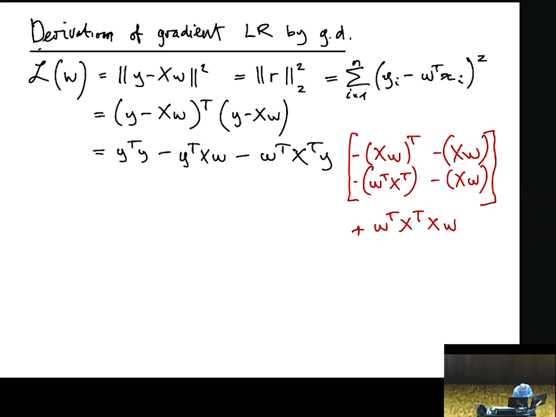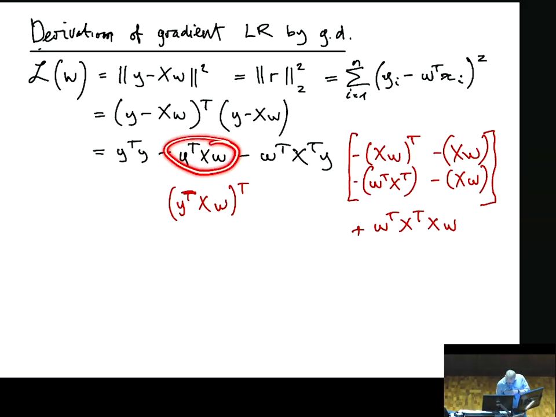We can write this: y transpose X W, transpose. Now the claim is, if I transpose this thing, that's going to be equal. And there's a reason for doing the transpose, but before we do that, why is that?